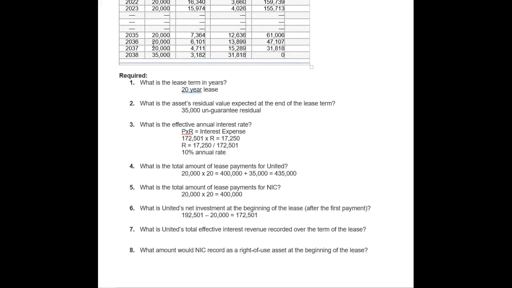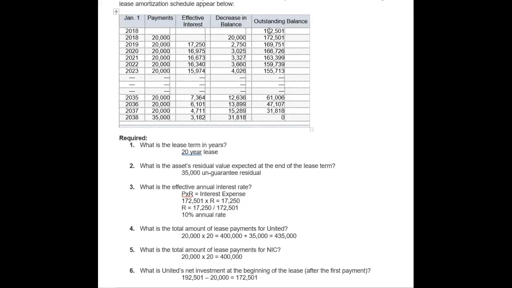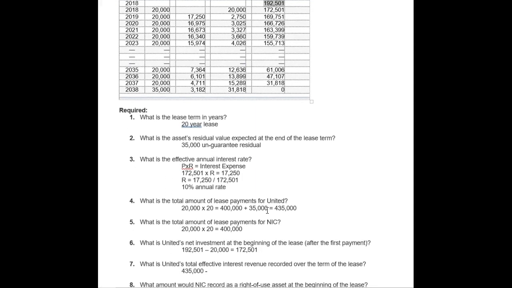Well, we know that there's going to be $435,000 in payments, right there. So $435,000 in total payments from United's standpoint. We're going to get 20 payments at $20,000 plus we're going to get the asset back at the end for $35,000. So that's our total payments. Then how much of that is going to pay the actual principal? Well, $192,501, because that's the amount of the principal of the lease receivable for the lessor.